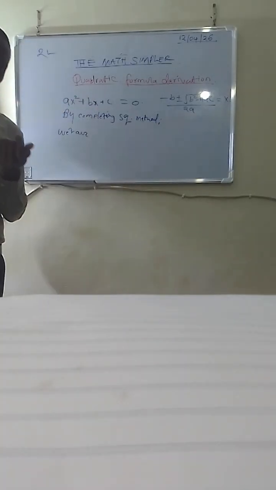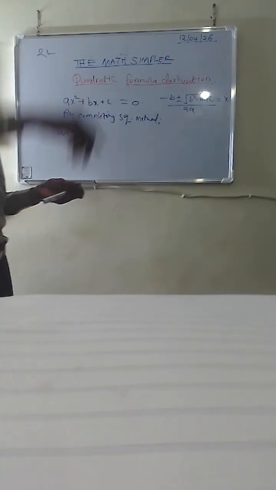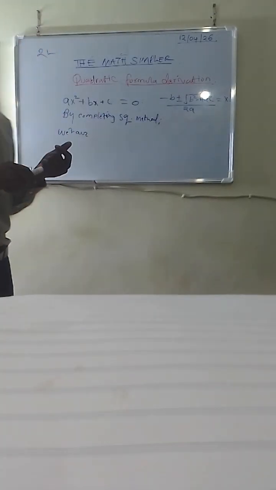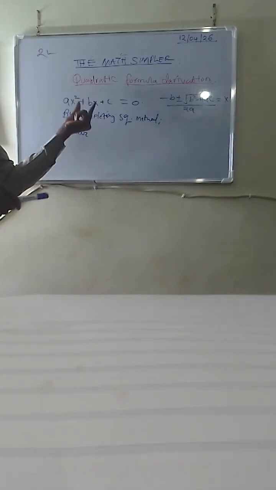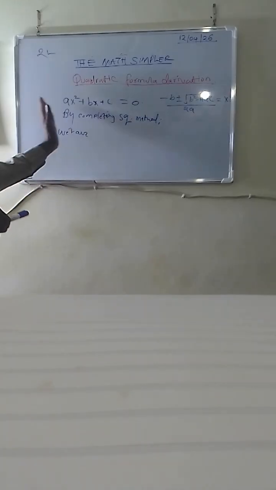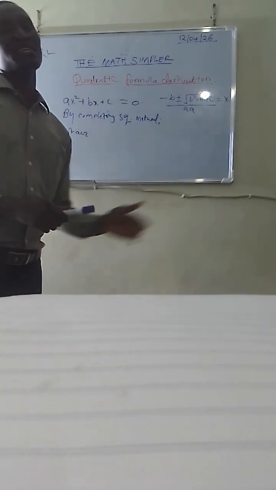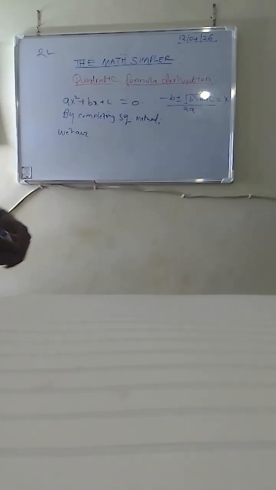When we are using the completing square method, first the constant must move to the outside of the equation sign, meaning at the left side of this equation, we will have variables alone, and at the right side of the equation, we'll have the constants only. So that will be our first step.